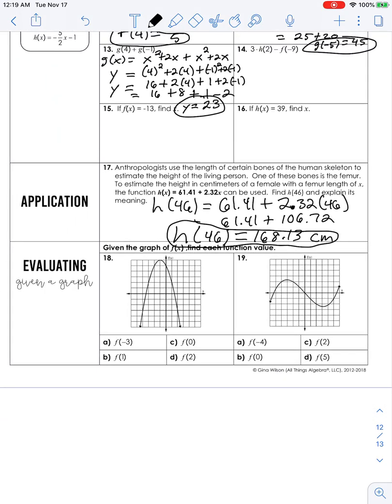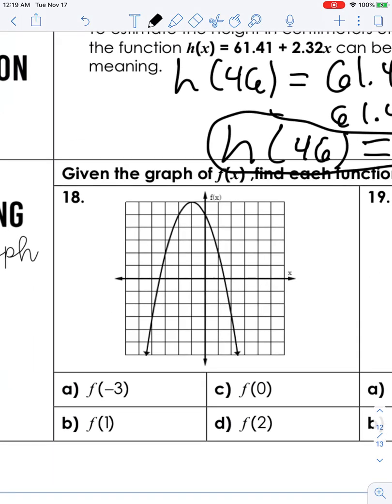Last part, number 18. What it's saying is, and this is actually pretty easy, a lot of people make this a lot harder than what it is. It's saying when x, so look at A, when x is negative 3, what is your y? So let's go where x is negative 3. So negative 1, negative 2, negative 3.